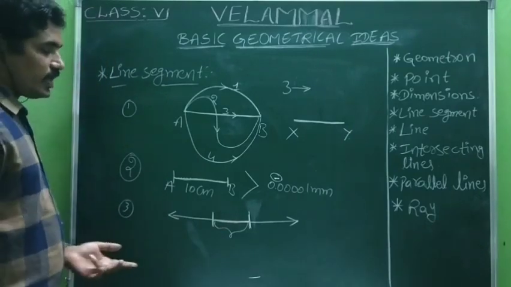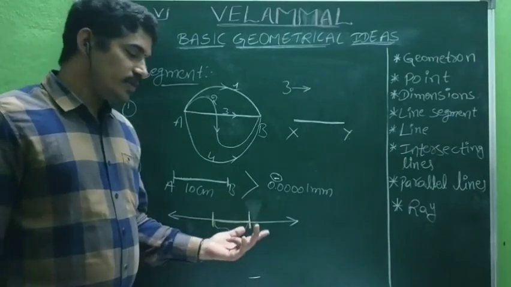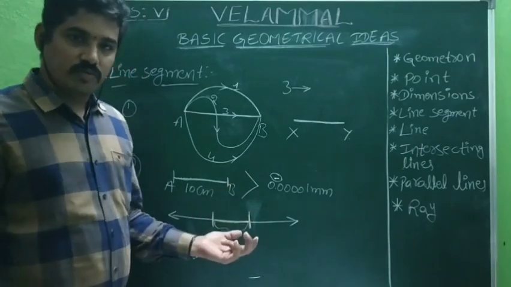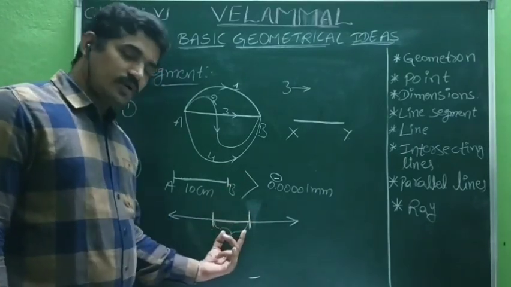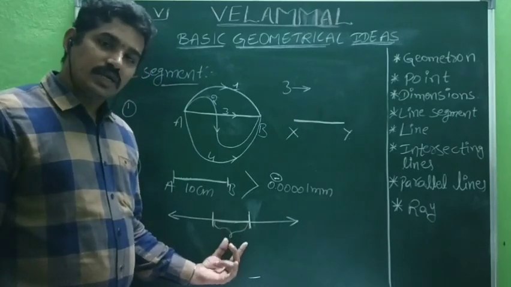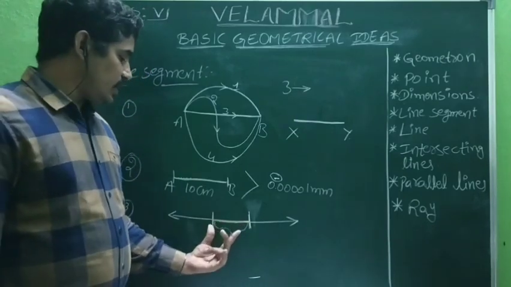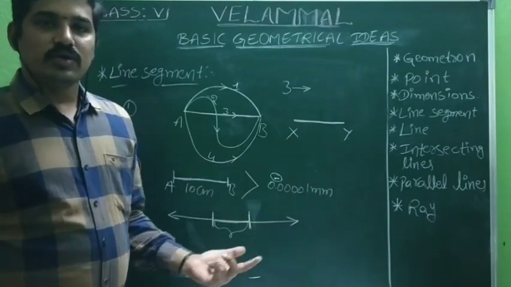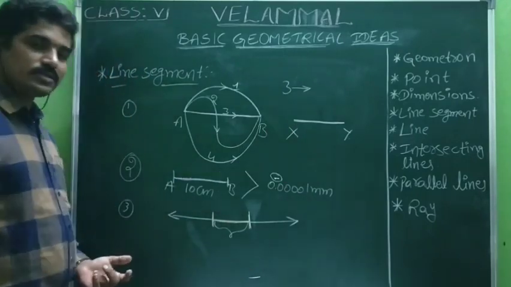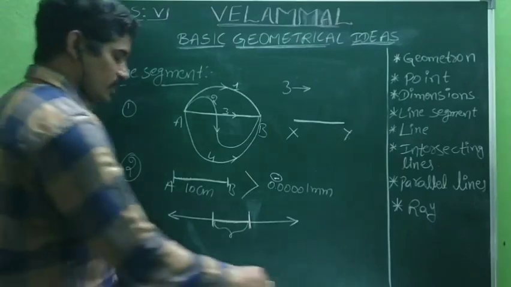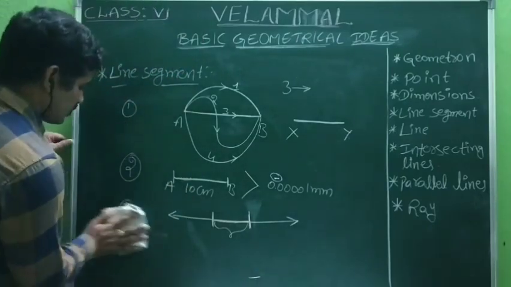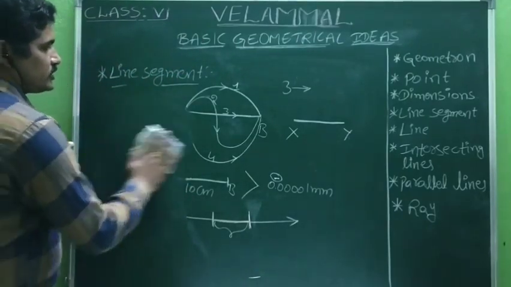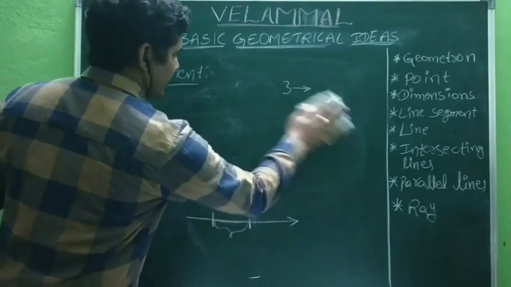A line segment will have only length, or only breadth. A line segment has one direction or one dimension, that is length or breadth, and it has two end points. A line segment is a combination of an infinite number of points. So this is about the line segment.